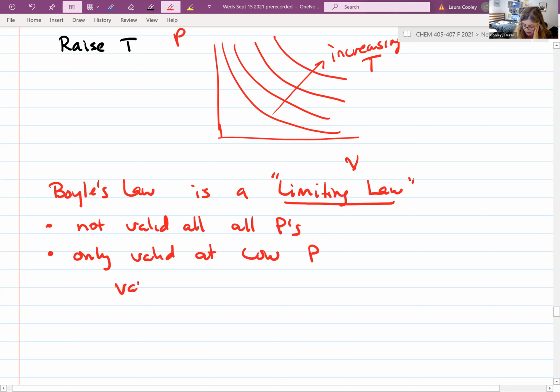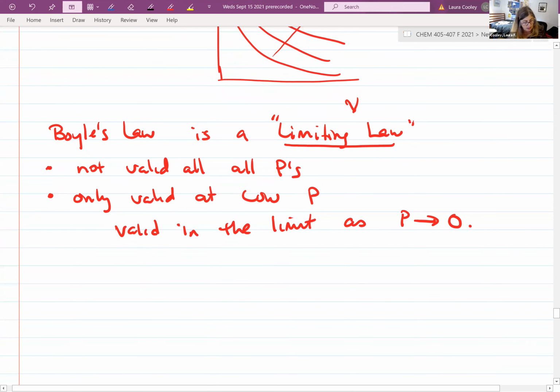It's valid in the limit as the pressure goes to zero. Okay, so that's why we call it a limiting law. We call gases ideal when Boyle's law holds true.